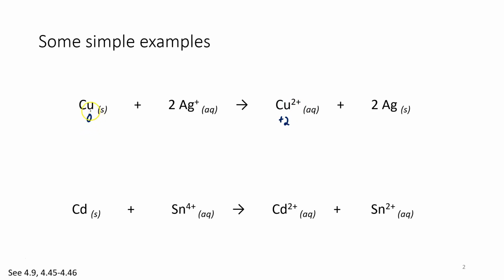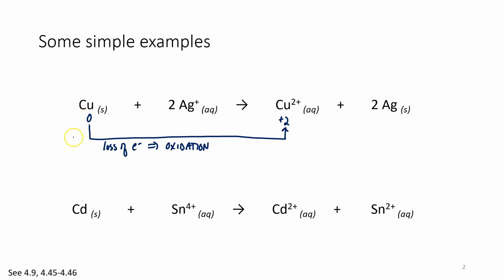So what happened to copper as it went from 0 on the reactants to a +2 on the products? In order to change from a charge of 0 to a charge of +2, wouldn't it have to lose electrons? This is an example of oxidation.